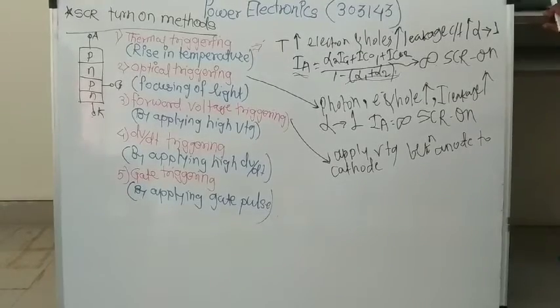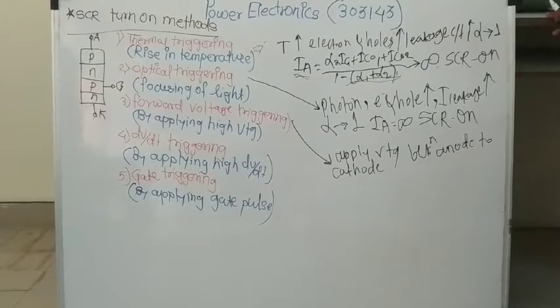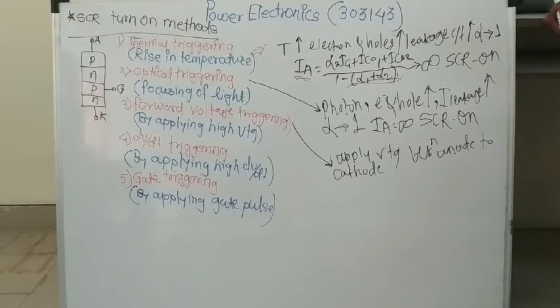We have to connect the battery. In this case, your gate is open. Only the supply or battery is connected between the anode and cathode.